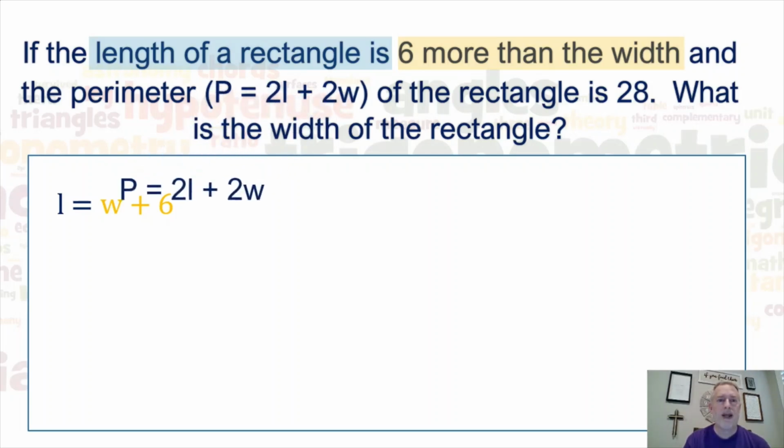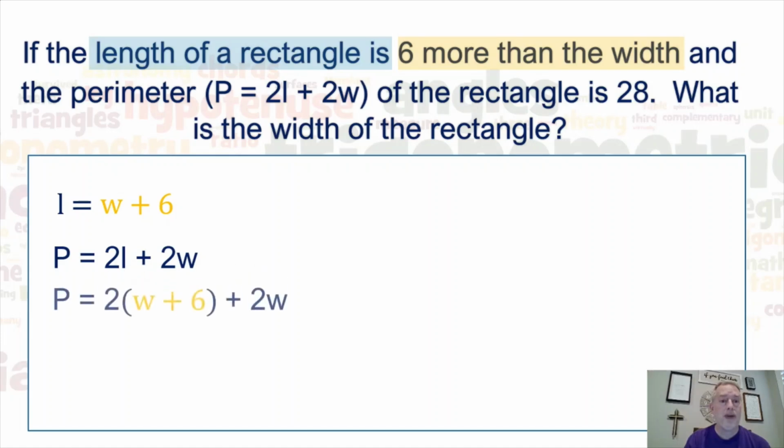Don't forget, they gave us the perimeter formula. I'm just going to bring it down. Perimeter is equal to 2 times L plus 2 times, wait a second, I know what L is. I'm just going to use some substitution now. Instead of writing an L in the perimeter formula, I'm going to put what L equals, W plus 6.